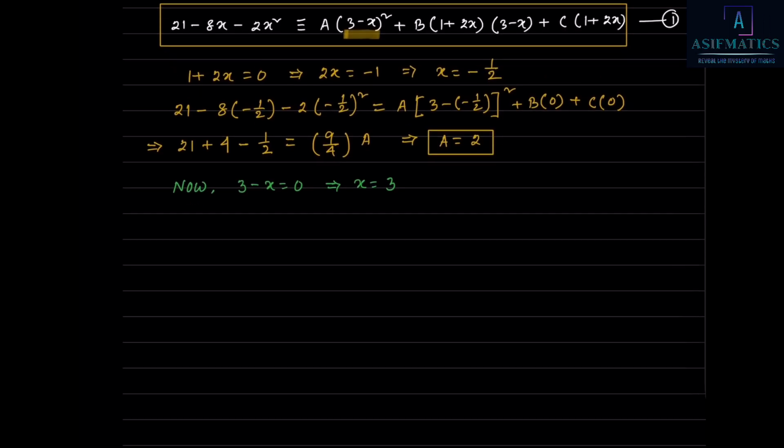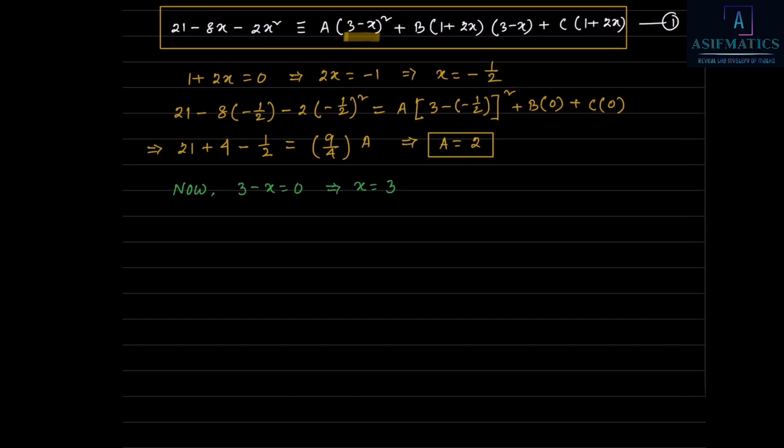So put this x equals 3 value into the main equation. Our main equation is 21 minus 8 times 3 minus 2 into 3 square equals a, which becomes 0 now because x minus 3 is 0, plus b also 0, plus c into 1 plus 2 into 3, right?